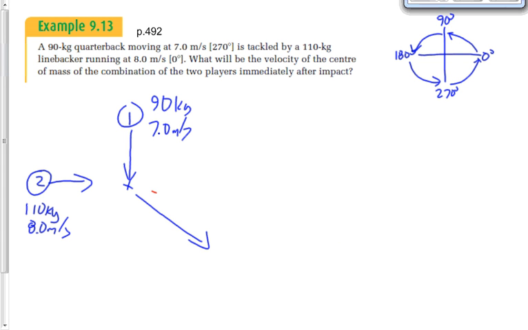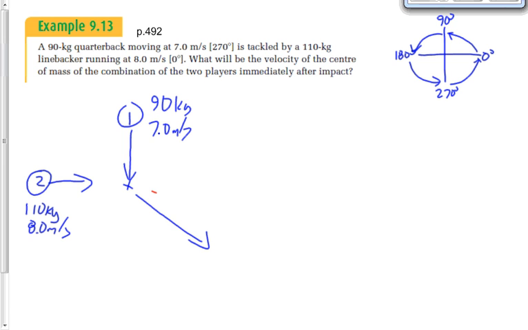So what comes next? Usually when we see a question, we ask: what's the concept? Is there anything with the red pen, anything that stands out to us, anything that we know but that isn't a given? Now, whenever we're dealing with momentum or a vector, we have to look at whether it's a one-dimensional or a two-dimensional problem.